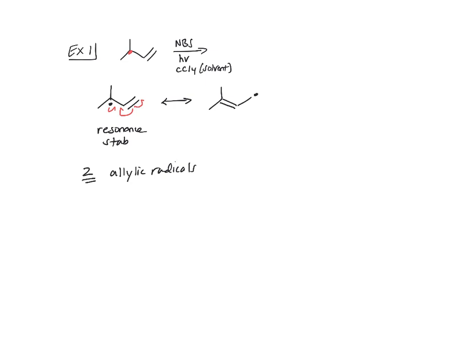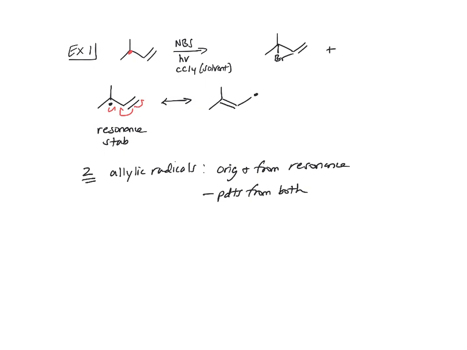One's my original one, and one is from the resonance. And you are going to get products from both. So for this particular example, I'm going to get two products. From my first original radical, I'll have the bromine right there, right where the radical is.